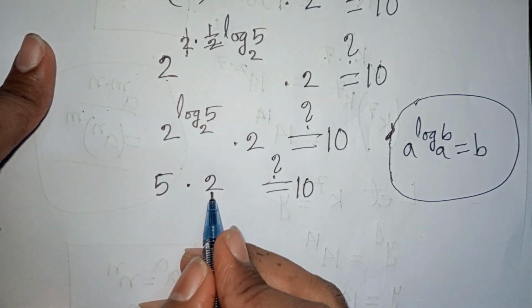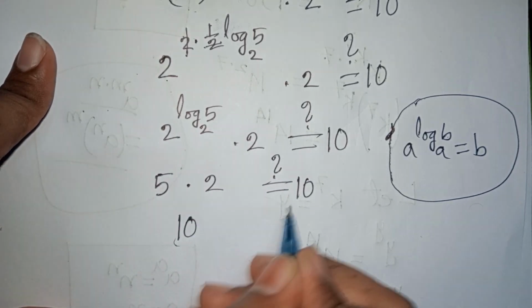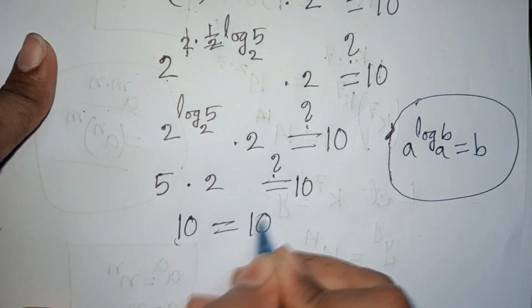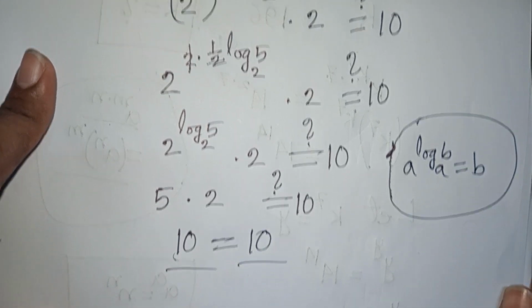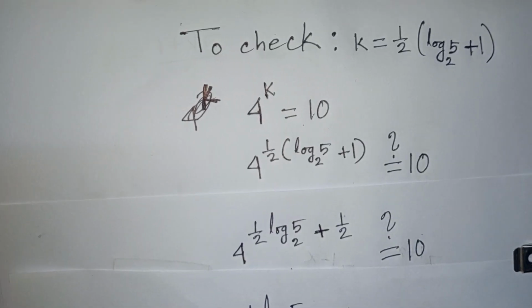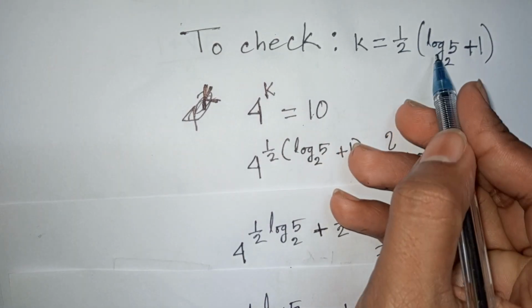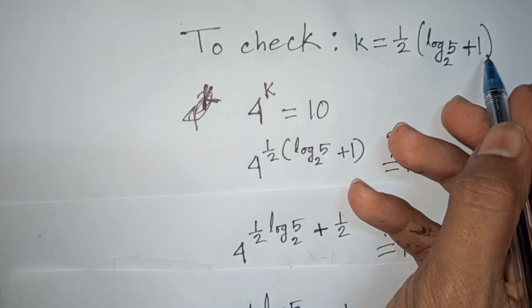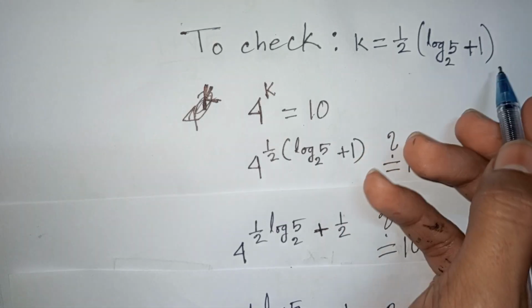Now 5 multiplied by 2, that means 10. So of course 10 is equal to 10. So left side is equal to right side. So our correct and final answer will be k is equal to 1 by 2 bracket log 5 base 2 plus 1. So this is justified.